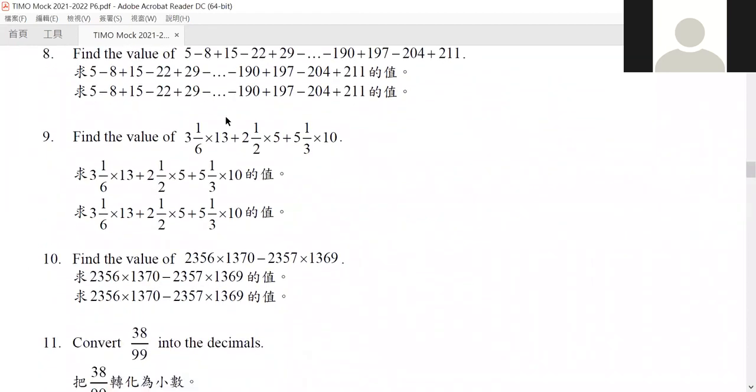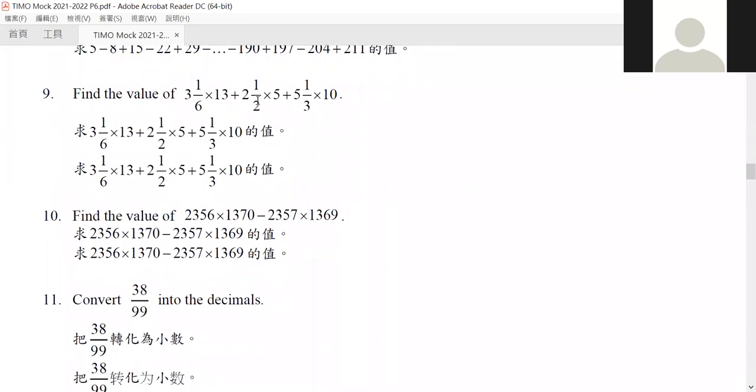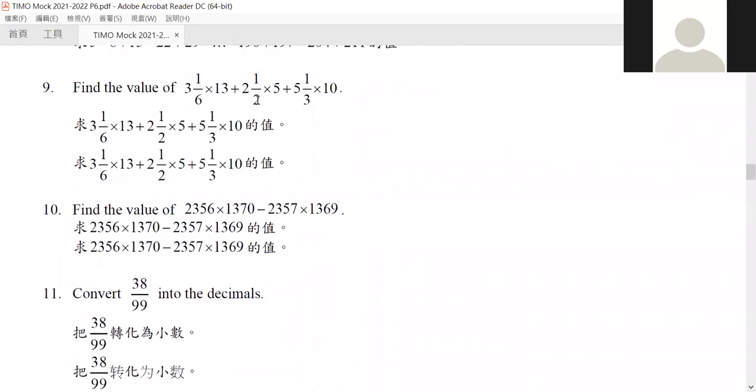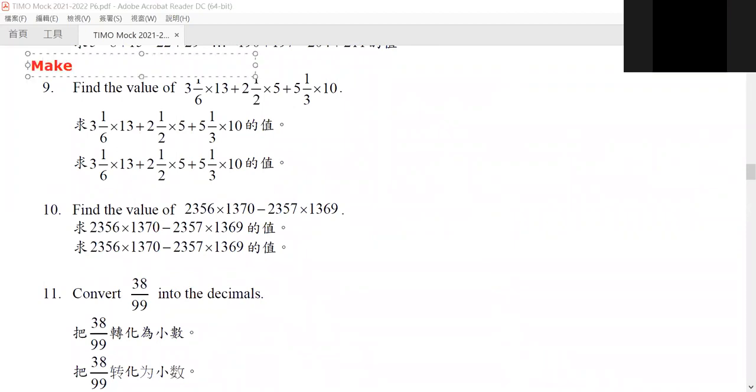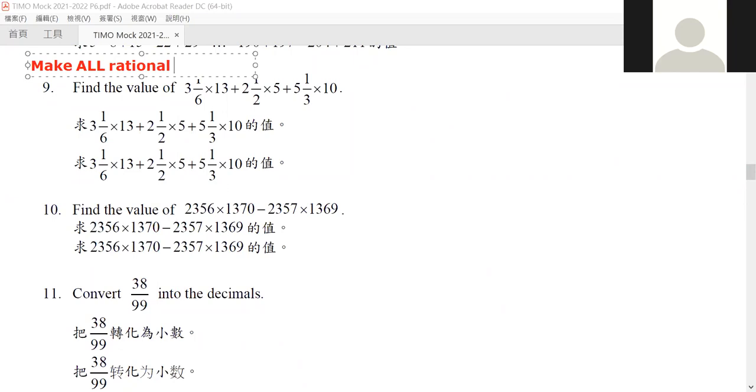Now again, every time you want to compute the multiplication of rational numbers, always remember to make all these numbers a pure ratio.